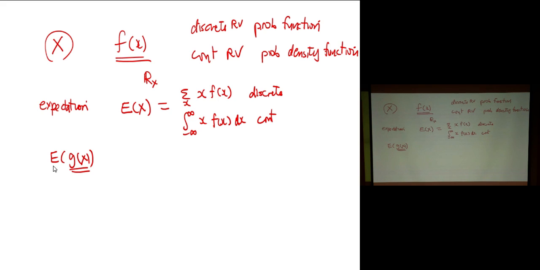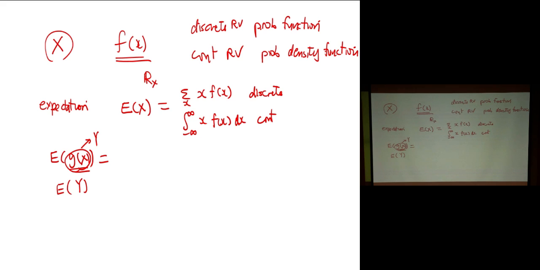So it makes sense to talk about the expectation of this random variable. If I call this y, then finding this expectation is the same as finding the expectation of y. So you may have to work out the distribution of y, which is not an easy task in some situations.